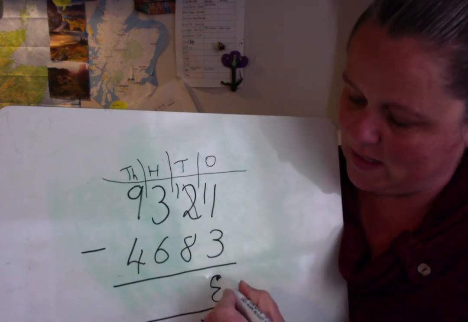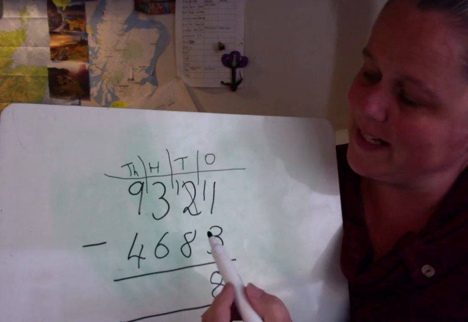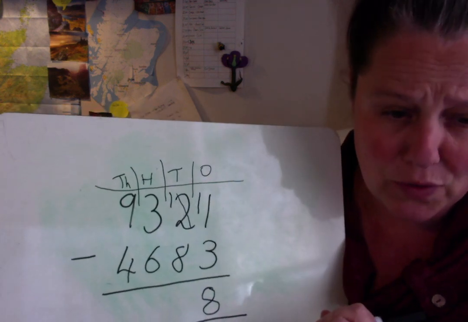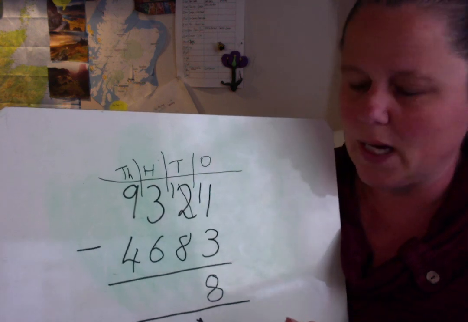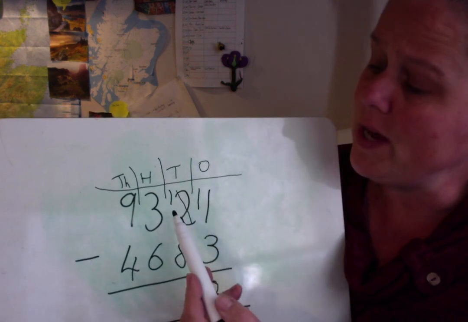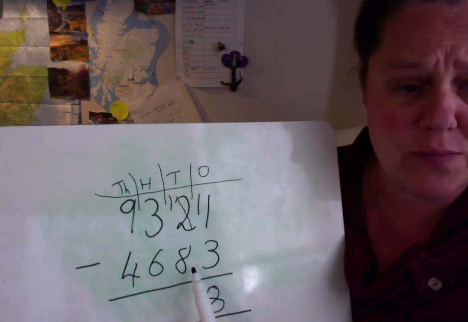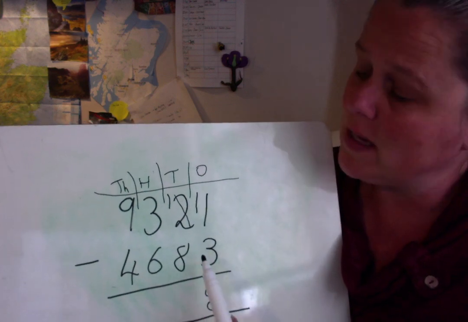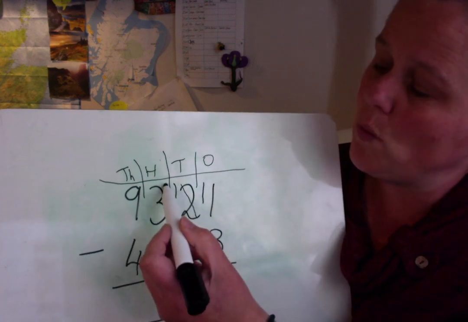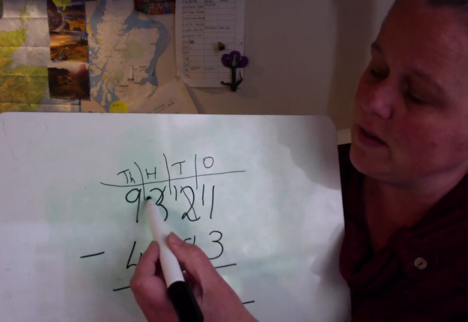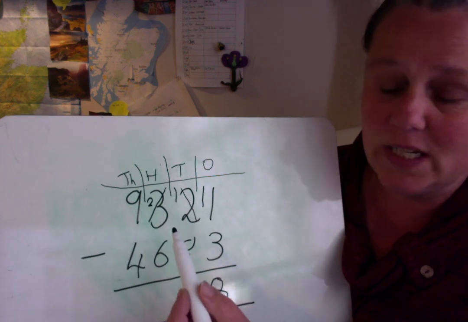Now I look at my next one, and obviously I've done this with lots of exchanging to make your life really hard, but you'll see your worksheets will build it up slowly. So now I only have 1 ten in here, and I need to subtract 8 tens. Well, I can't do that, so I'm going to have to exchange again. I'm going to take one of the hundreds, so I've only got 2 hundreds left because I had 3 to start with.